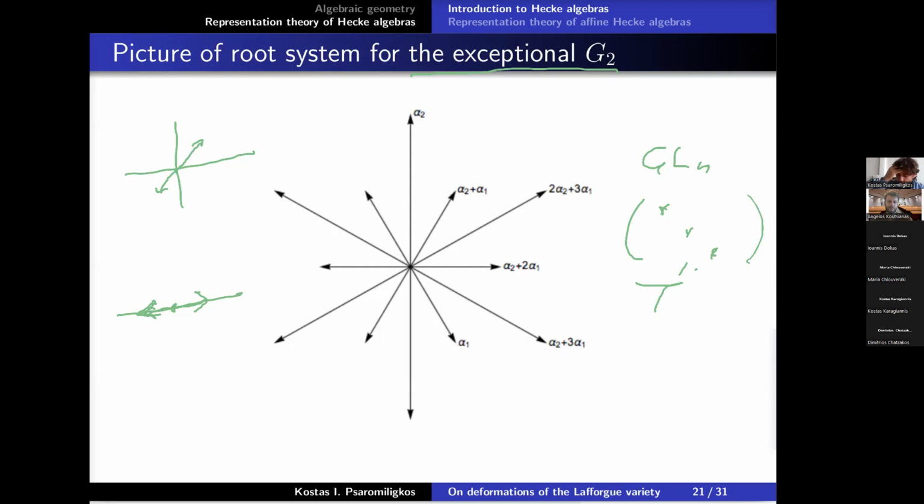You specify this torus, and then this root system very vaguely tells you how to build the whole group out of a bunch of SL2s that you understand. In particular, you just look at the characters of this torus, which give you some lattice, which gives you basically Z^n. And in this lattice, you keep particular characters that you call roots.